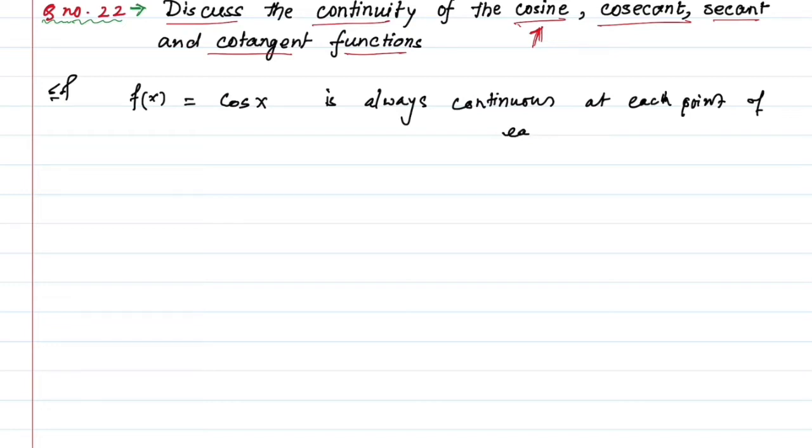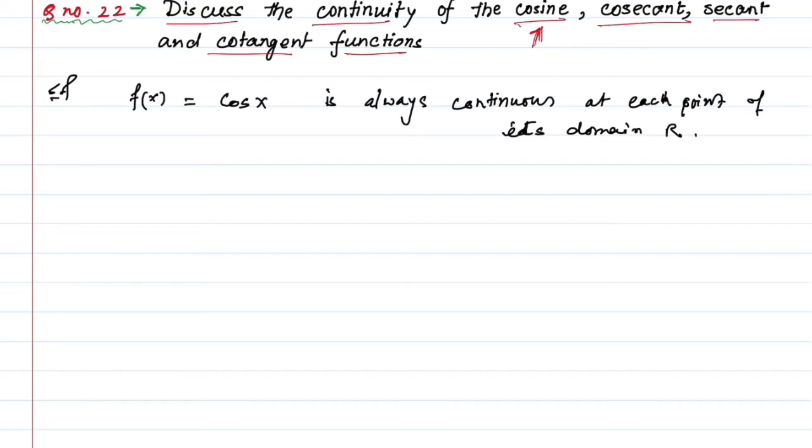The domain of the cosine function is R, the set of all real numbers.